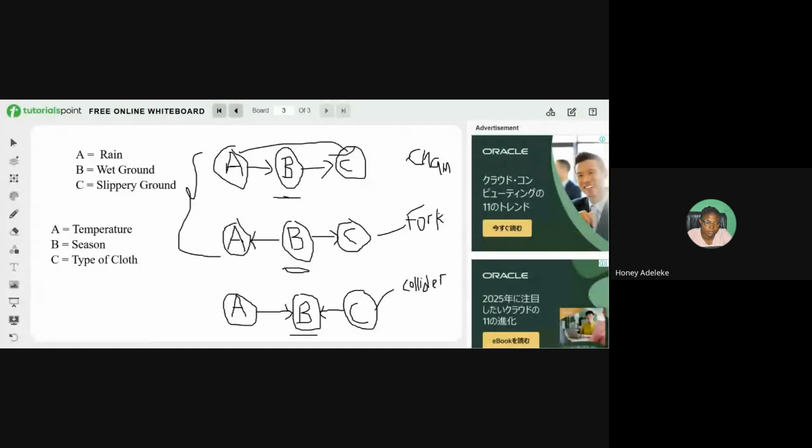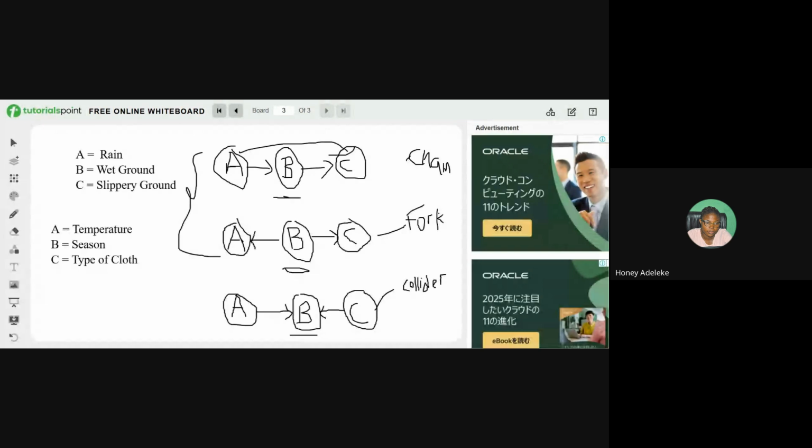In our material here, we have that a path is a collider with that structure. Once you have something relating to that structure, then it is a collider, and neither B nor its descendants are in the conditioning set. So they are not the ones determining if the path is blocked. But once you observe them, then your path becomes active.